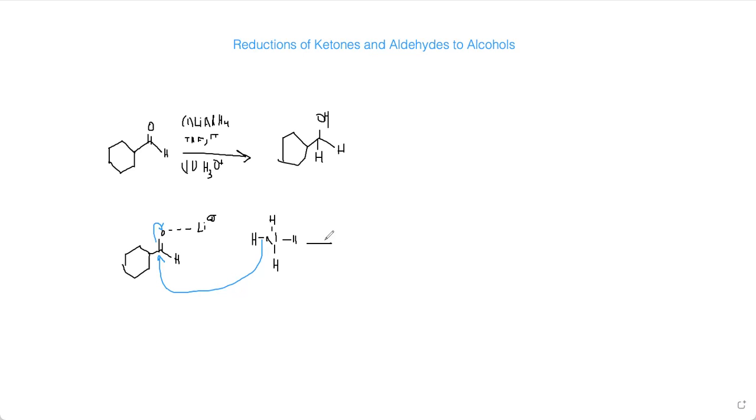And that just results in a breaking of the double bond and therefore a negative charge on our oxygen there. But also the addition of that hydrogen from the aluminum hydride down in the same place as it was with the sodium borohydride.